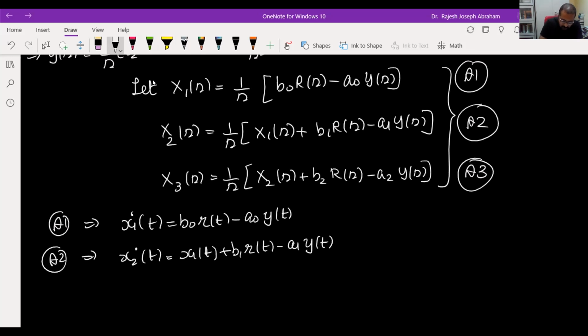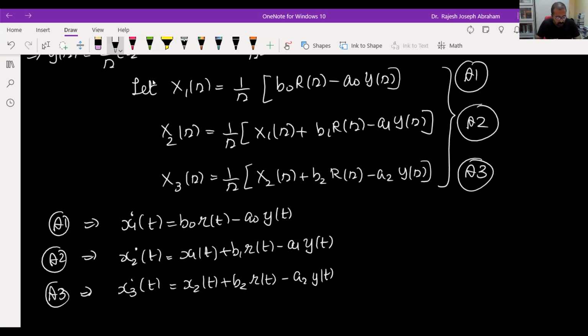And from A3, s into x3 of s, that means x3 dot of t equals x2 of t plus b2 r of t minus a2 y of t. In this way we can derive the state equations.